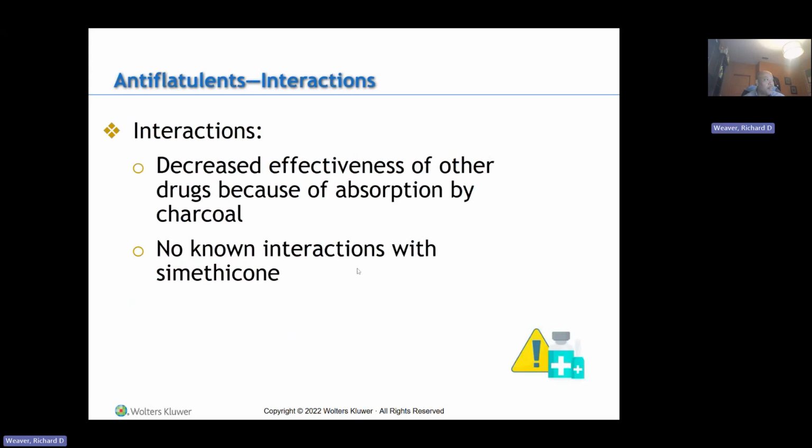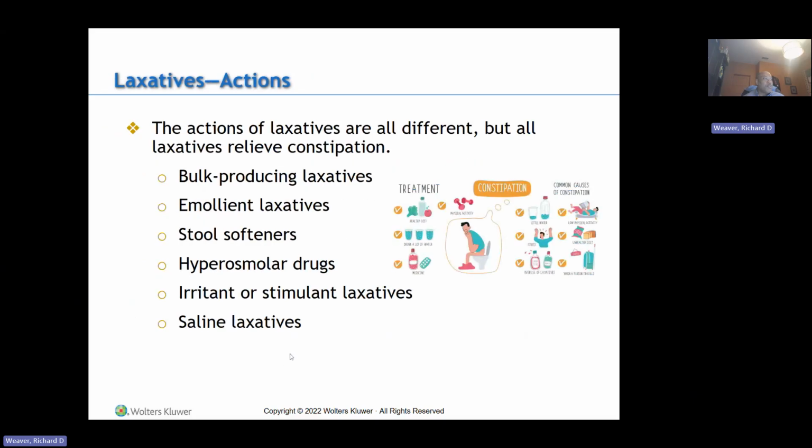All right. And now we move on to the laxatives. So in terms of mechanism of action, there are various types of laxatives. The action of each laxative is somewhat different. So you have to study each one in its own right.